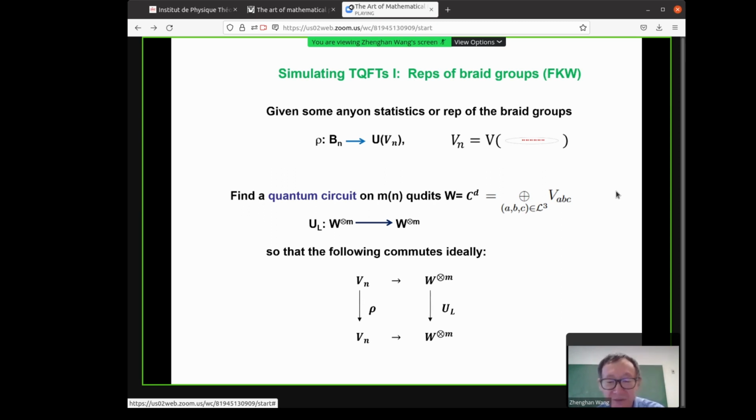Because it commutes, everything you want to know about rho can be deduced from the circuit. And there are many difficulties, like rarely does this really commute in TQFT. So there are errors, but more or less you take care of all the approximations, all the efficient embeddings, and the complexity. You can find this diagram for topological quantum field theories.